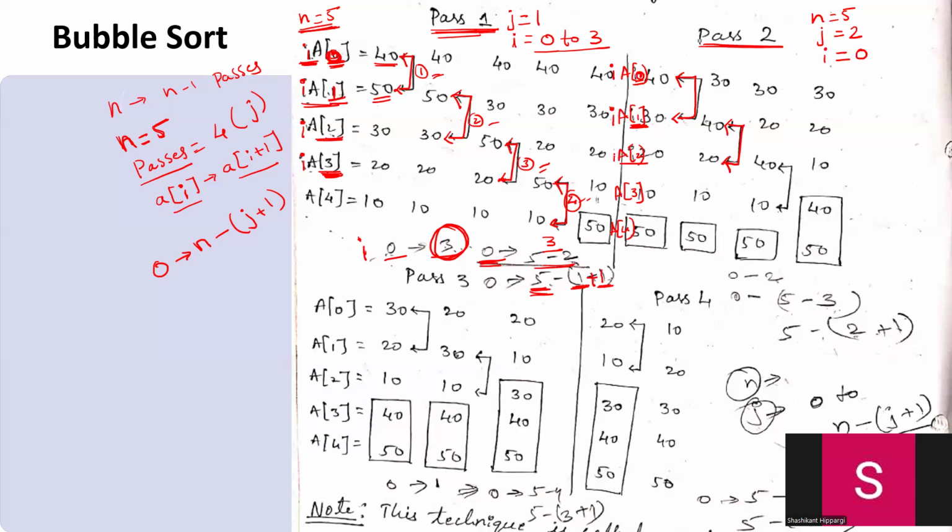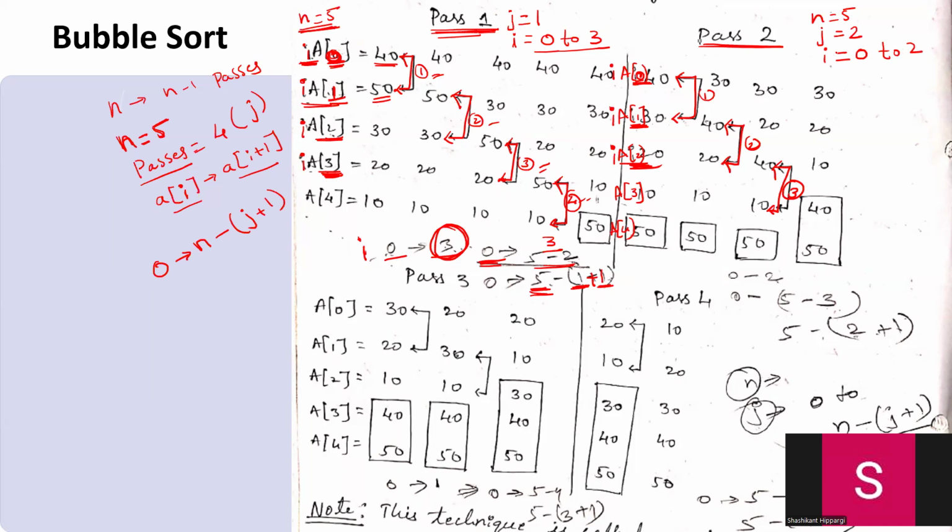Then I is incremented by 1 again. I will be 2, and it will be compared with the next element, A of 3. So now if you see, only 3 comparisons must be done: 1, 2, 3. So in this case, what should be the range of I? It should be from 0 to 2.